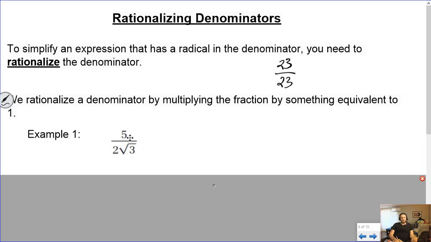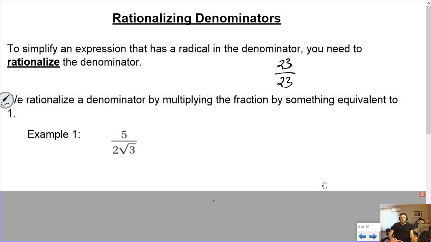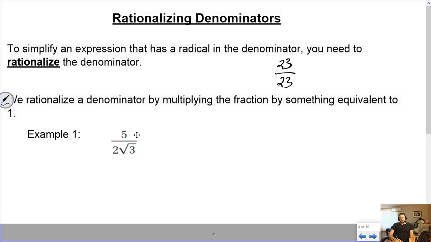So for example, if I had a question where I had 5 over 2 root 3 and I wanted to rationalize this, I want to multiply it by something that's going to get rid of that root 3 in the denominator. The nice thing is radicals are the inverses of exponents. So the square root of 3 is the opposite of squaring it.